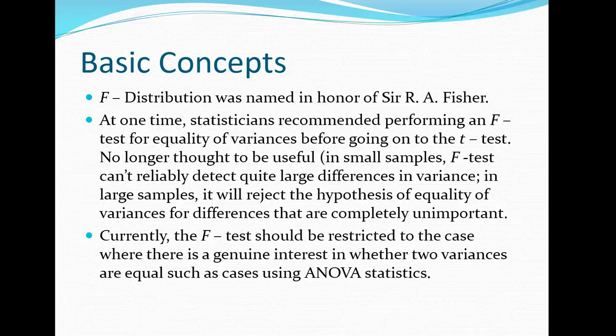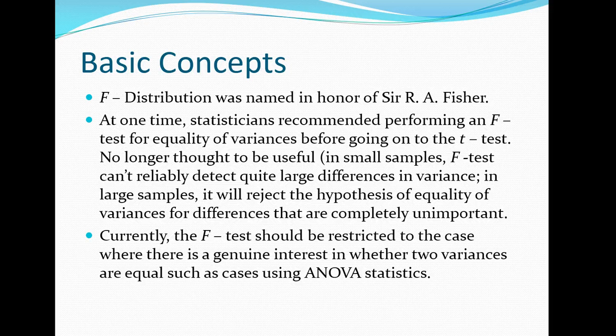What statisticians found is that in small samples, the F-test can't reliably detect quite large differences in the variance, again, because of the law of the larger sample. So if you have a small sample, the F-test cannot reliably detect the quite large differences in variance.